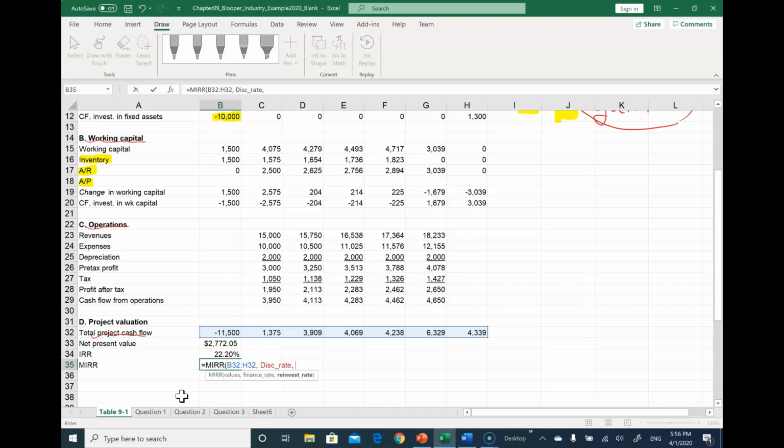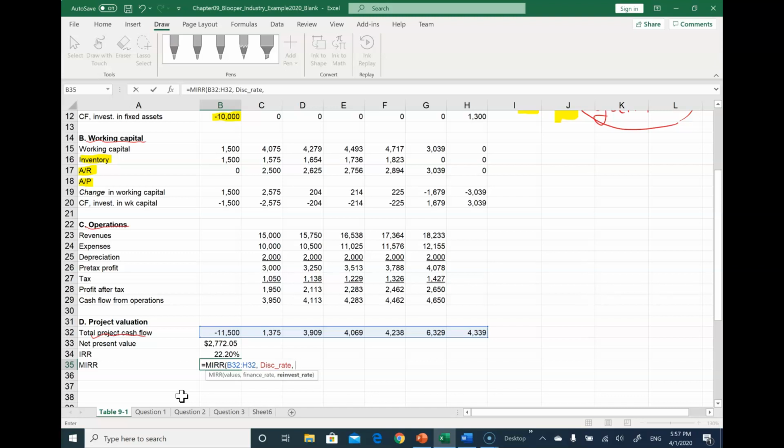And when the company makes money in the future, for example in year 1, the company is expected to generate a net cash inflow of $1.375 million. And we assume that this $1.375 million will be reinvested at a certain rate.